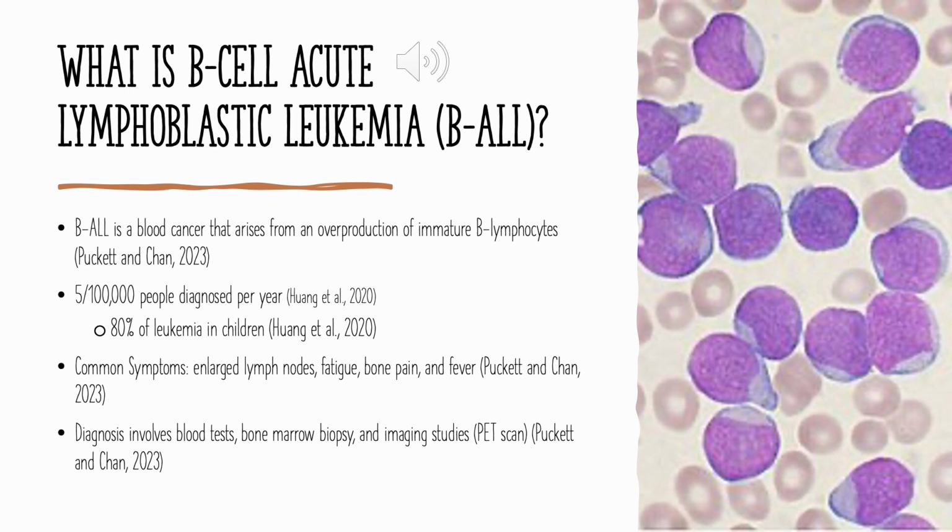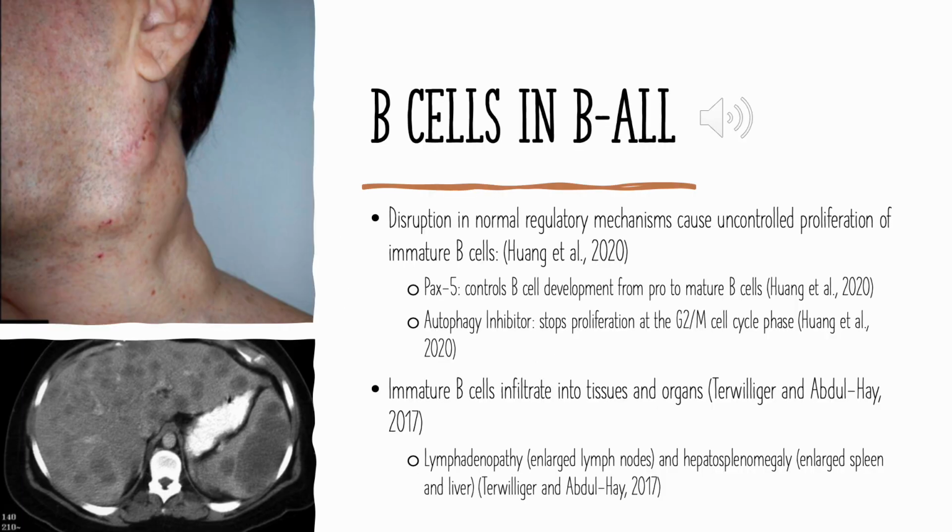Recognizing the symptoms. In B-cell acute lymphoblastic leukemia, disruptions in normal regulatory mechanisms lead to uncontrolled proliferation of immature B cells.